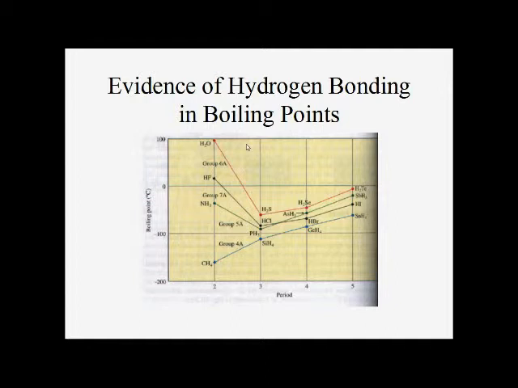And we can see this in this other chart here where we have additional groups. So in addition to the oxygen group, we have the halogens, the nitrogen group, and the carbon group. The carbon group behaves with no hydrogen bonding. So methane has the lowest boiling point, silane is higher, GeH4 is higher, tin tetrahydride is higher.